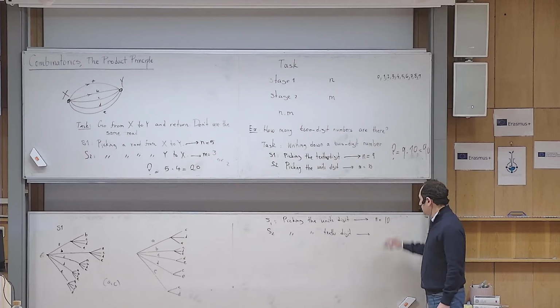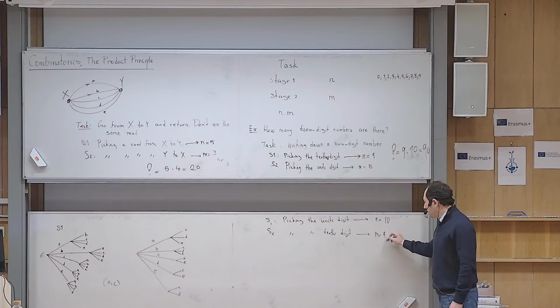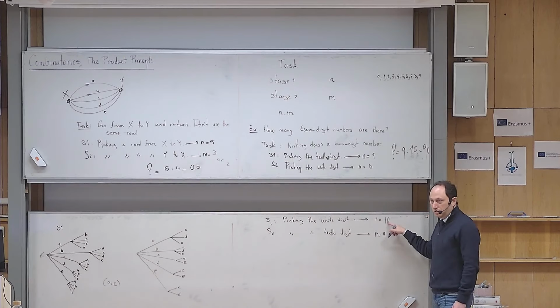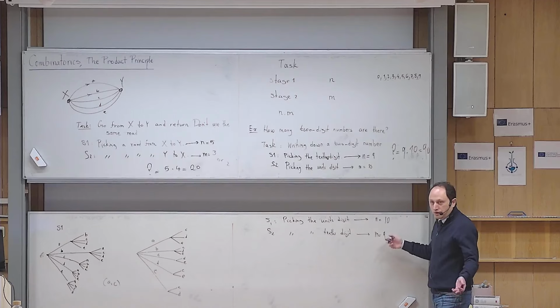So this becomes 10. And in how many ways can I choose the tens digit? 9. When you want to write 9, you have to be careful. Is this 9 independent of how this one is done? Yes. Regardless of what you have chosen for your units digit, for the tens digit, you have 9 options. So, is the product rule applicable?